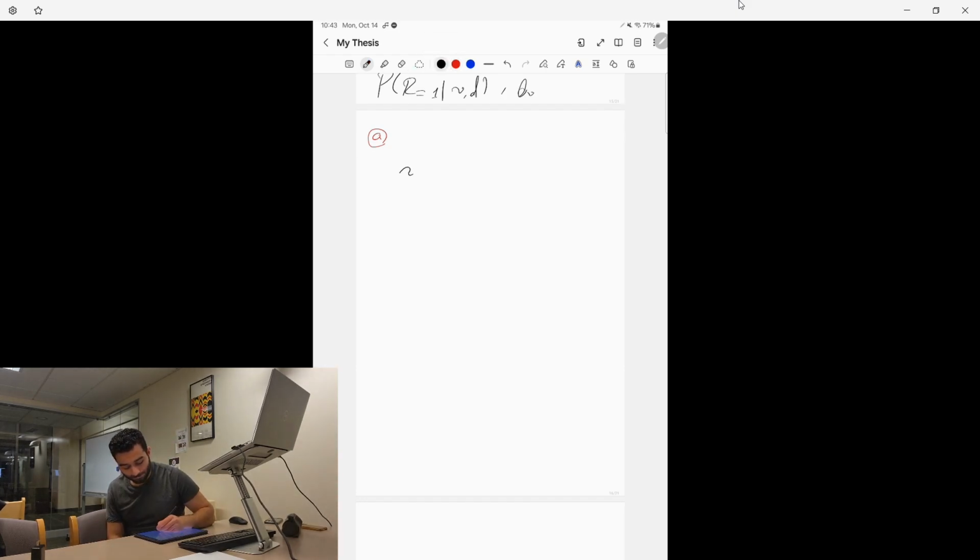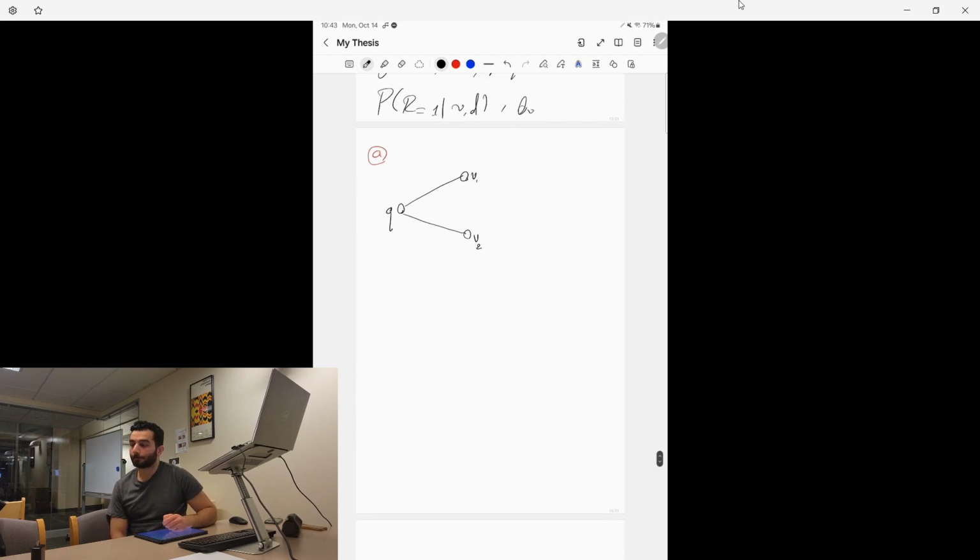We have one node Q, one node V1, one node V2, and a user. We have the utility of the user, and the utility of the buyers.